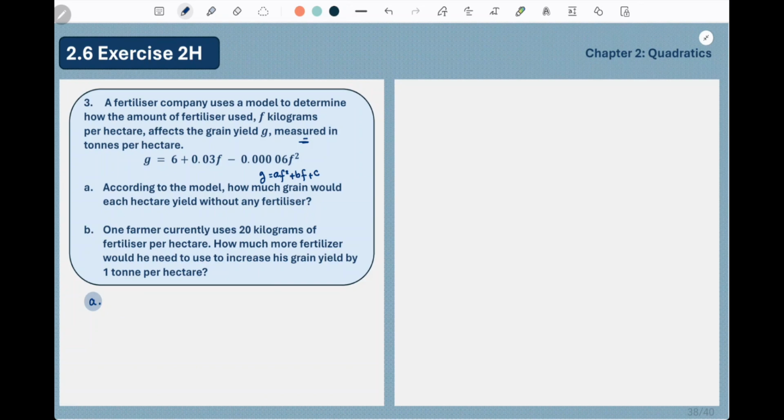F is equal to 0 because there's no fertilizer used. So when F is 0, G will become 6 plus 0.03 times 0 minus 0.0006 times 0 squared, which is simply 6.